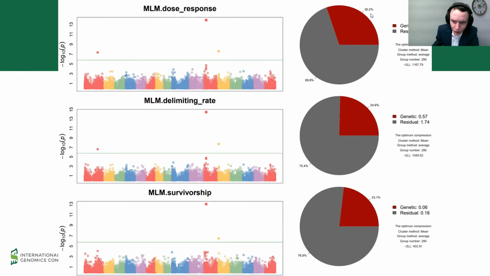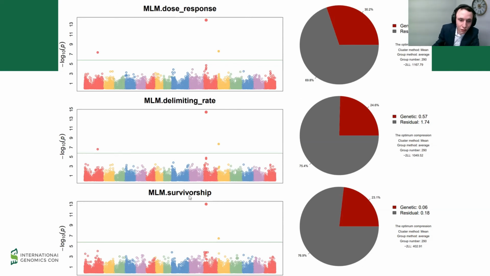The moral of the story for this scenario is actually quite interesting. As we reduce the accuracy of our phenotyping, we effectively reduce the heritability of the trait. So when we have the true dose response, we have the highest heritability, with about 30% of the variation for the trait explained by genetics.